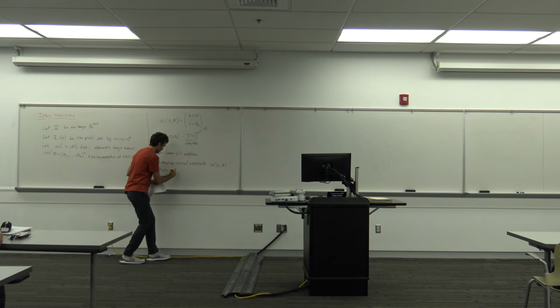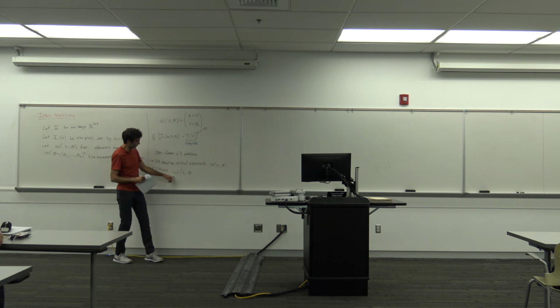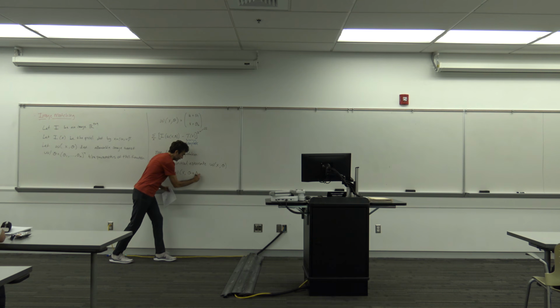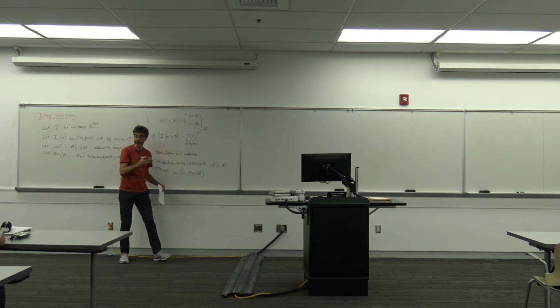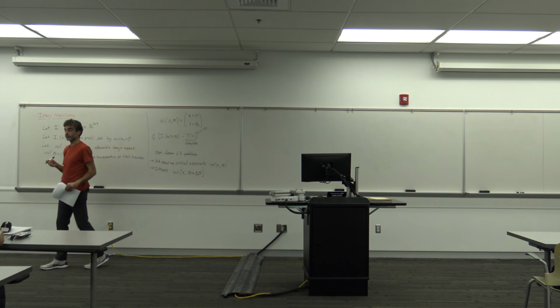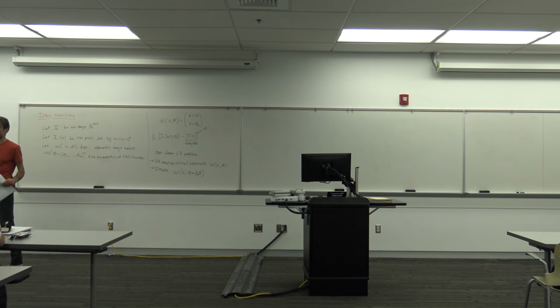And we're going to have that W is going to be W of x and theta, the parameters, plus some increment of these parameters, right, at each iteration. Remember that? Okay.